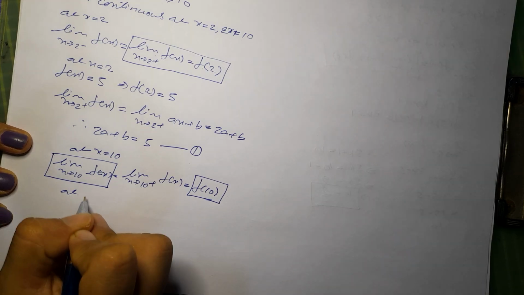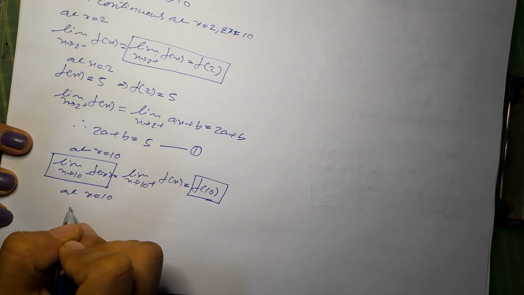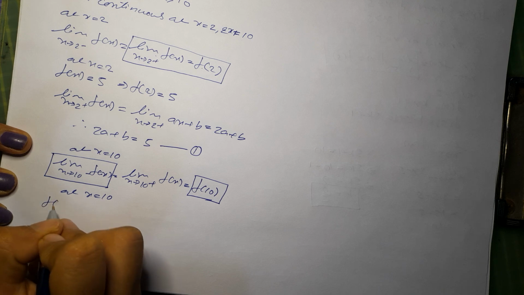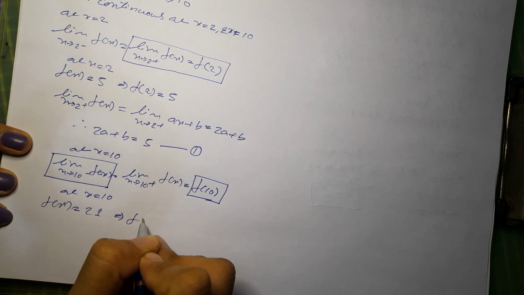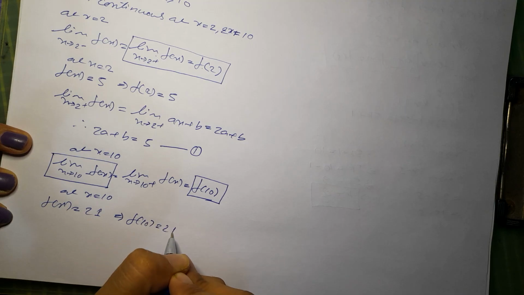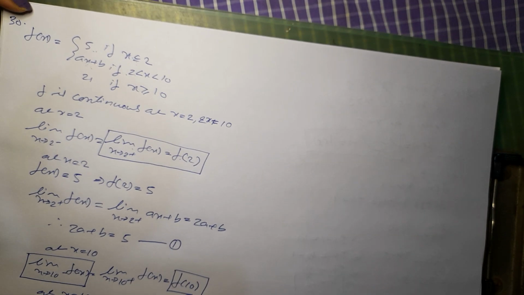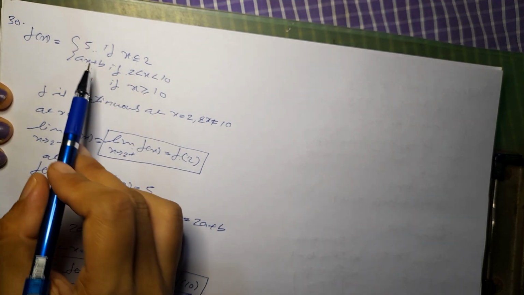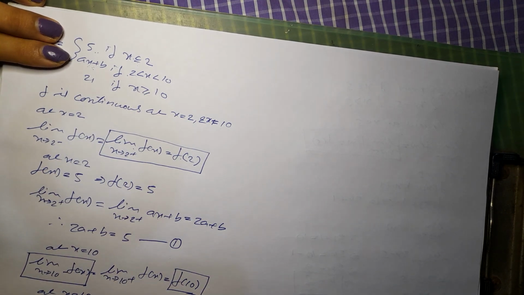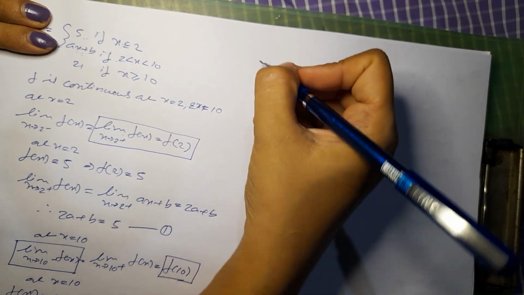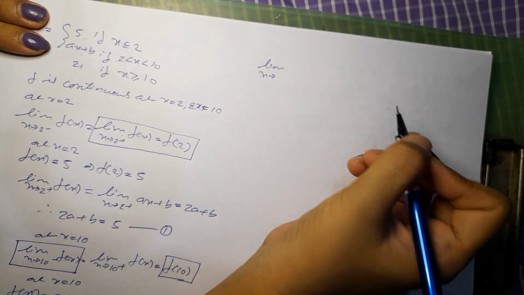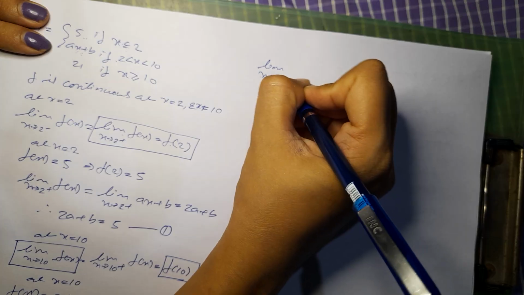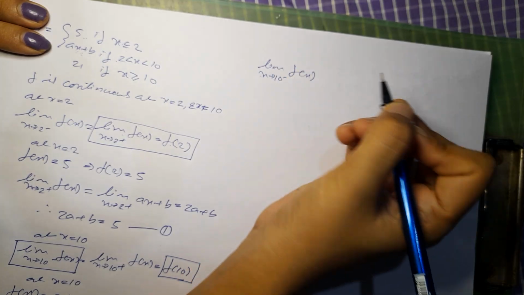So at x equal to 10, f of x is equal to 21, which implies f of 10 is 21. Now we need the left hand limit, limit x tends to 10 minus f of x, so x less than 10.